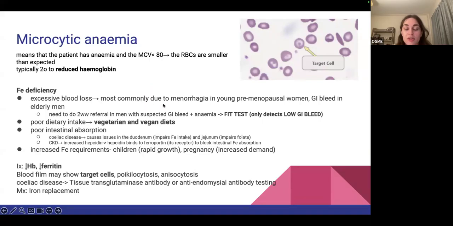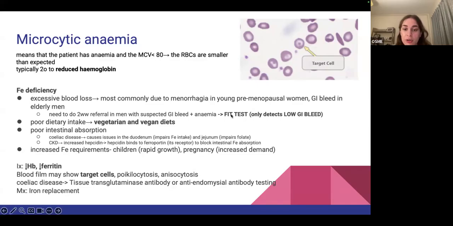So, if the question is mentioning a young woman who has heavy and painful periods, think iron deficiency. And if it's an old man, you need to start thinking, is it a GI bleed? If it's anemia symptoms and a change in bowel habits, so they might have melena or dark stools, you need to start thinking, is it a GI bleed?